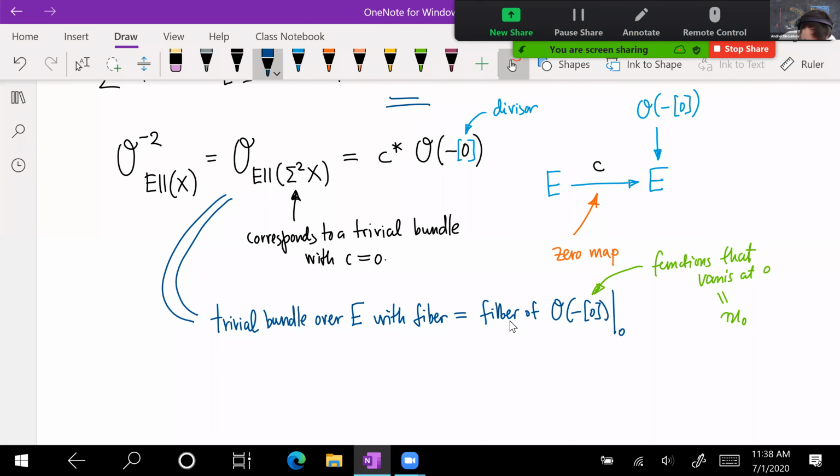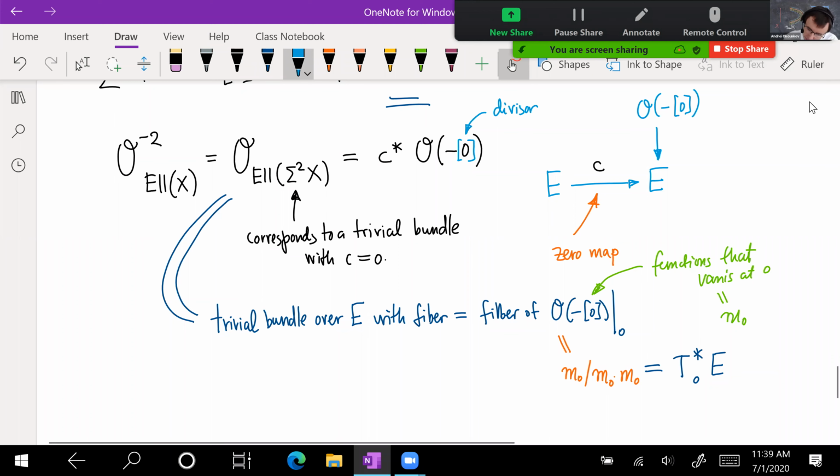And so we want to compute a fiber of a line bundle, which means we take this and mod out by m naught times m naught, that's the square. You want to compute the fiber of your sheaf at a point, you mod it out by the maximal ideal. So this quotient, by definition, is just the cotangent line at the 0 to the curve E.